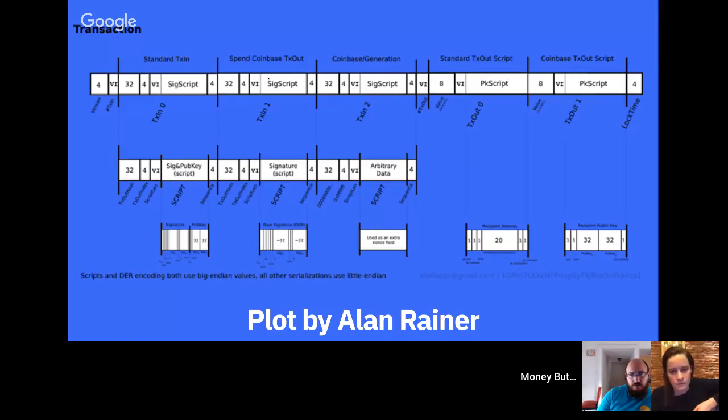The lock time is a 4-byte value that indicates that the transaction will be valid at a certain block. Normally you do not specify anything in the lock time, but you can make your transaction valid in the future by putting something inside the lock time. So that's a very rough overview of what the data is in there.